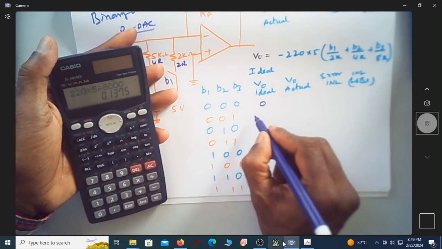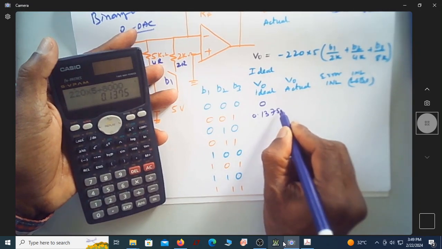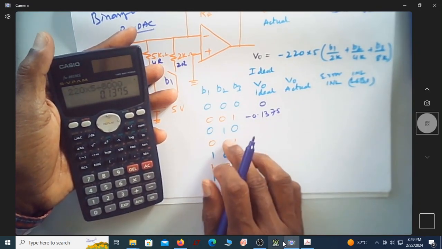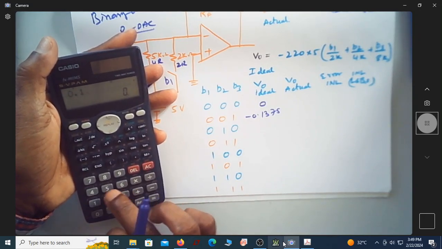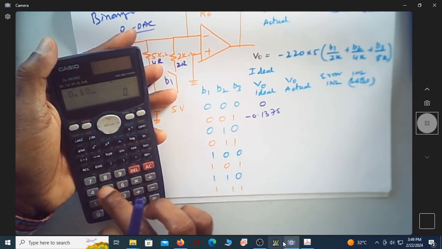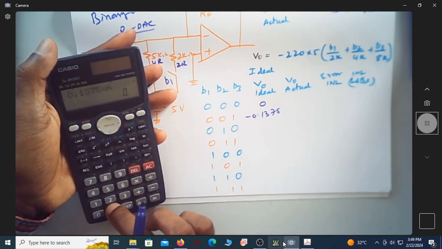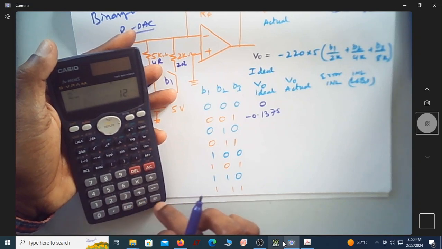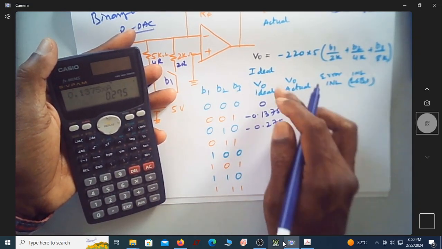So this would have been 0.1375 volts. So this is minus. Then how much is this? This is 0.1375 into alpha A. Let me make A as 2. Can you see it is minus 0.275. These are the ideal values.